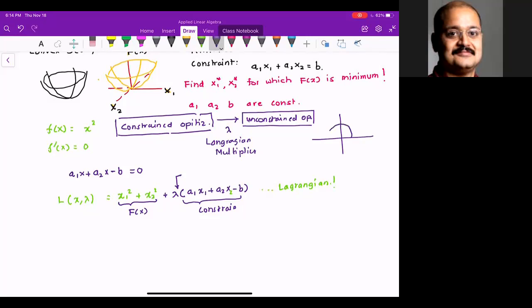Do you agree with me that this x1 square plus x2 square, f of x, this cost function is nothing but a circle? Do you agree with me? And this is x1, this is x2, and this guy is nothing but f of x. Do you agree with me? All right.